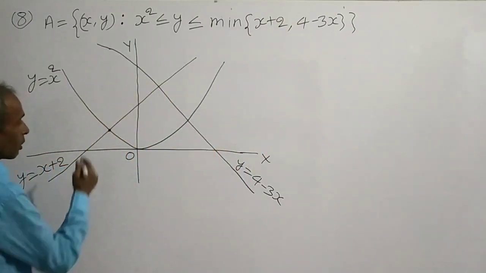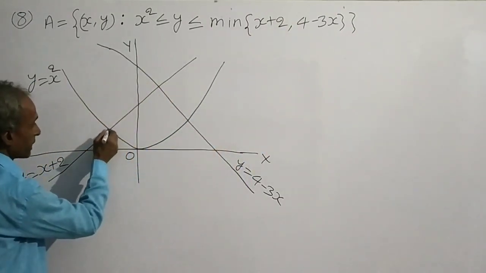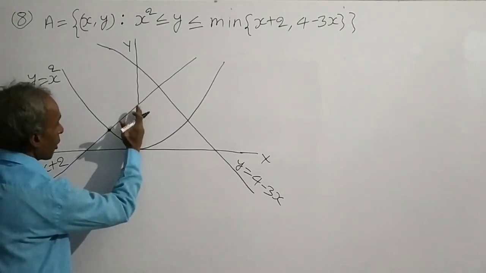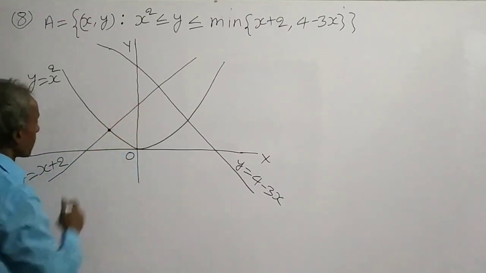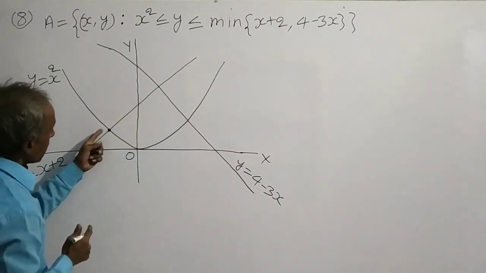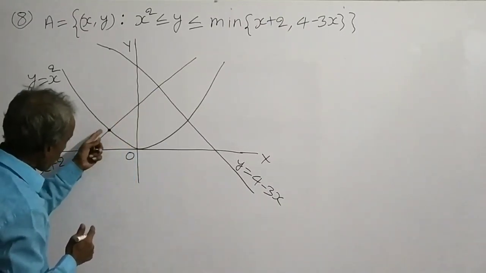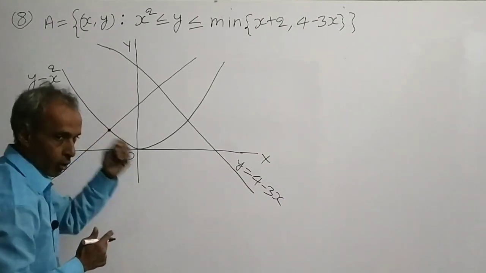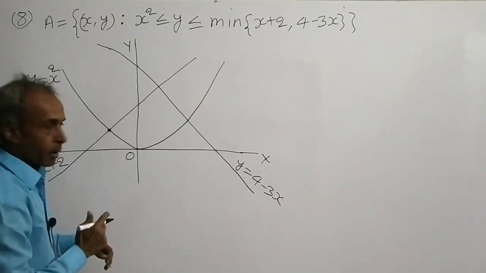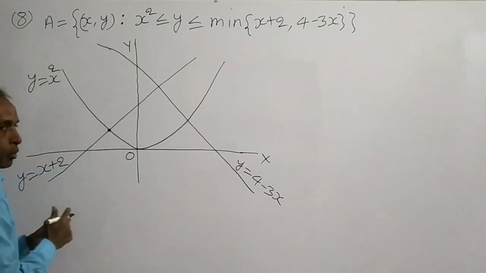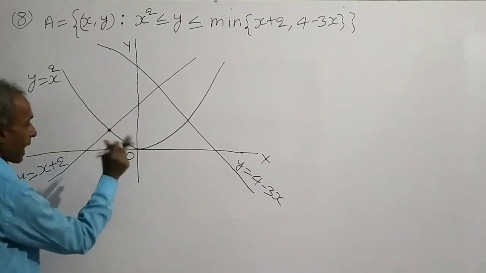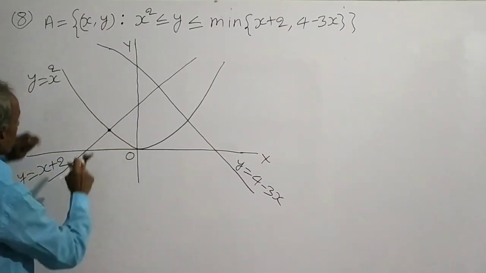We want to find the point of intersection that lies on the left hand side of the y-axis. And not the y coordinate of this point, only the x coordinate. Only the x coordinate is enough to solve the problem. Therefore, we will find only the x coordinate.